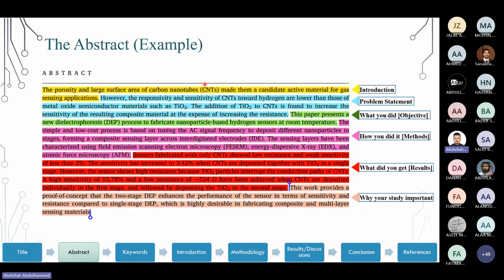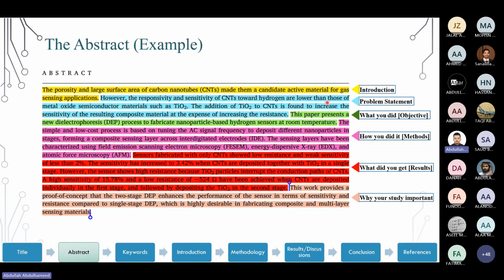So, okay, if carbon nanotubes are good for sensing, so what is the problem? Then I mention here that the responsivity and sensitivity of carbon nanotubes maybe are not good. The sensitivity is not good. And I also mentioned the other material that I use, and I said this material is also not good because it has low conductivity and high resistance. So now in these two sentences, I mentioned what the problem is.